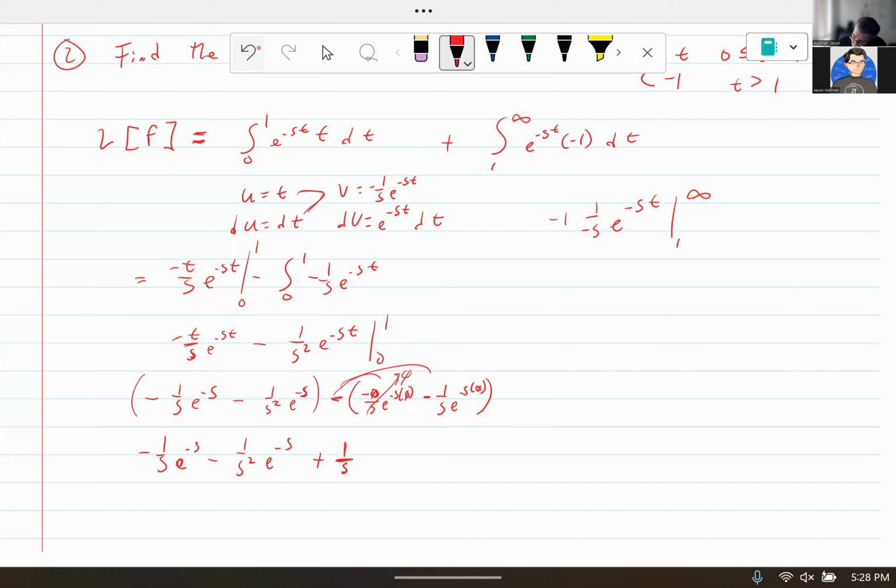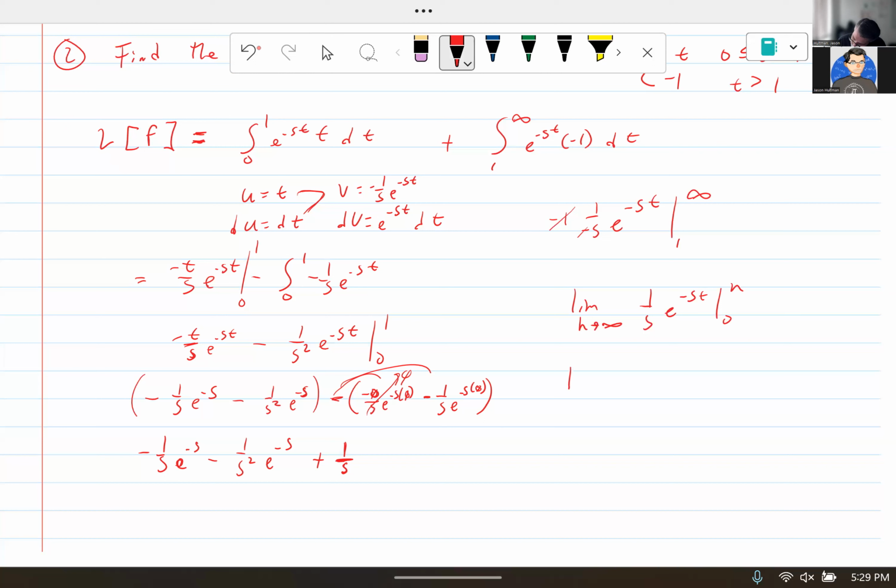These negatives are going to cancel each other out, and so I'm just left with the limit as n goes to infinity of 1 over s, e to the negative sn, as t goes from 1 to n.